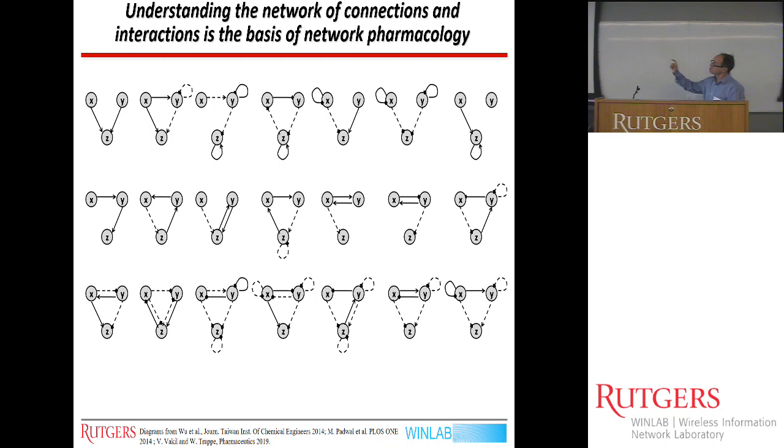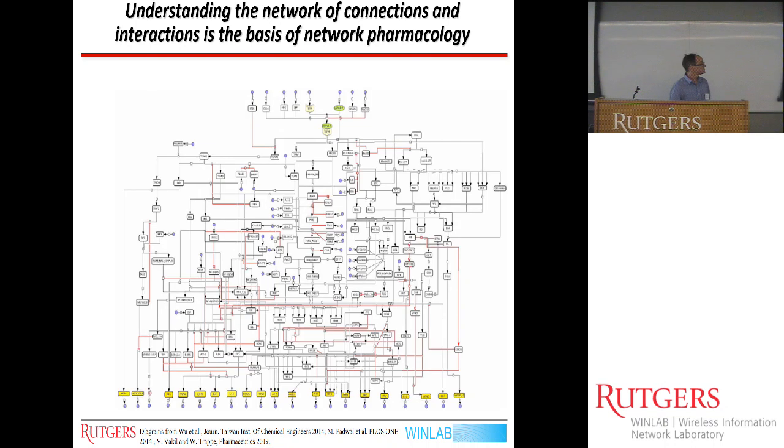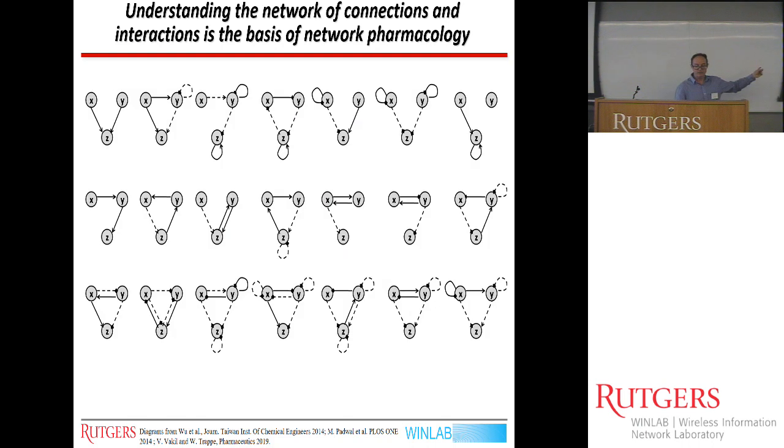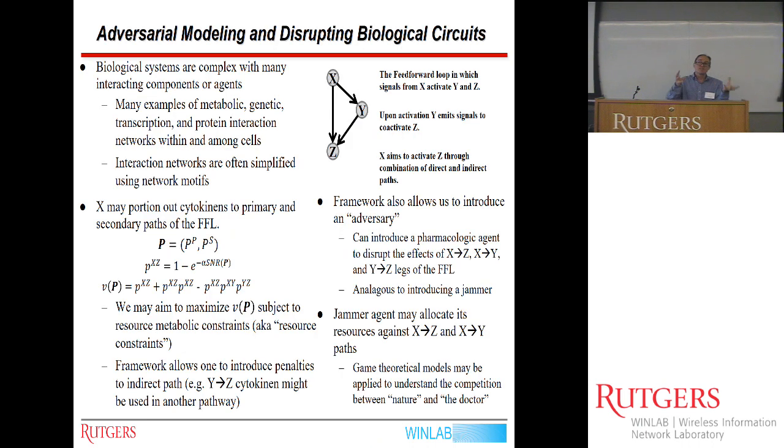And these are the 21 network motifs that lead to synergism for 3-node subnetworks. What that means is we could go back to diagrams like this, try to find these 3-node pathways that look kind of like this, and understand them and maybe try to target or attack those.